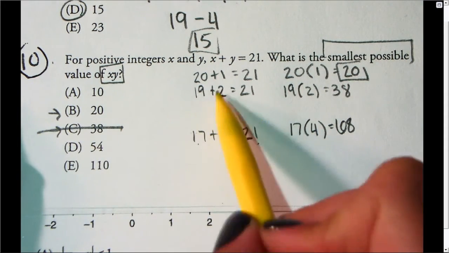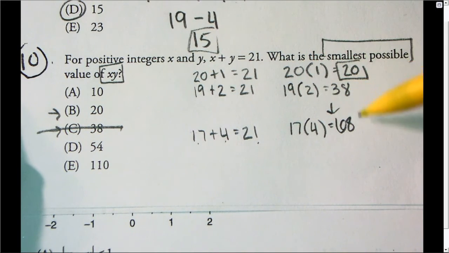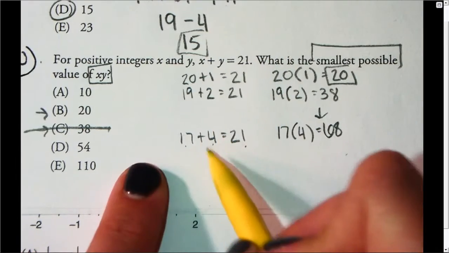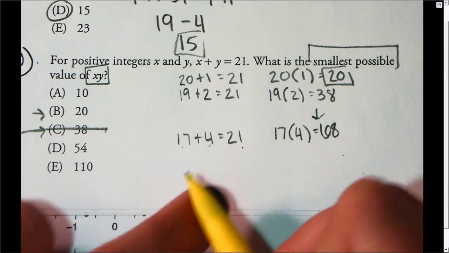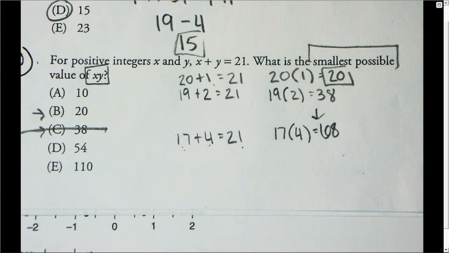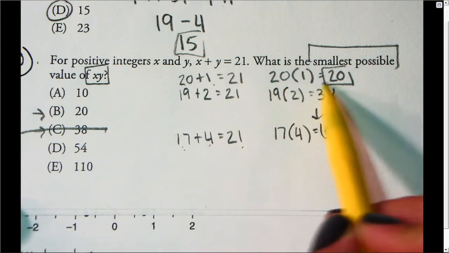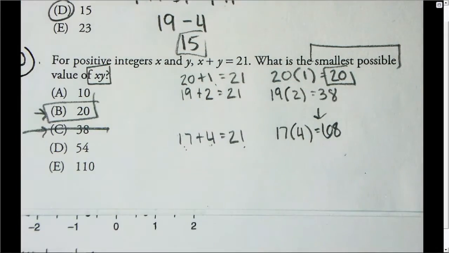As the two numbers get closer together, like 4 gets closer to 17, while 1 is pretty far away from 20, those values get bigger. We want the smallest. Well, 20 times 1 is always going to be 20. That's the smallest I can get. So my answer is B.